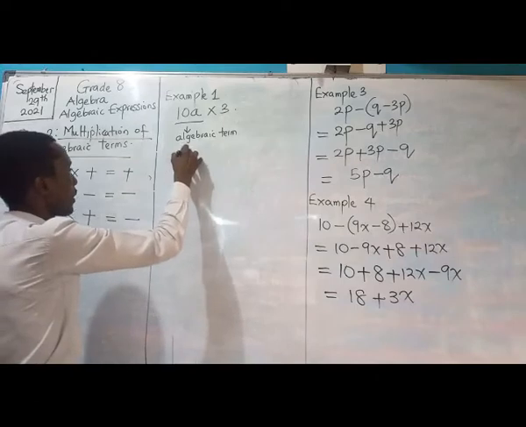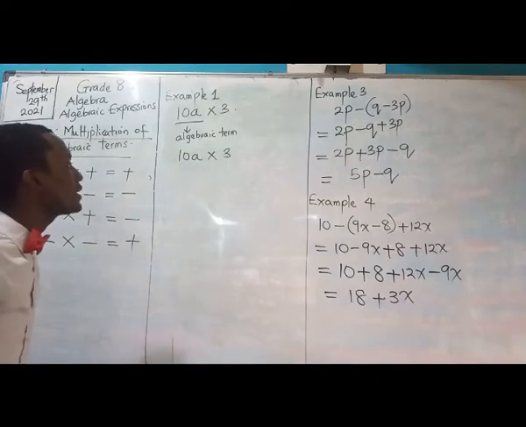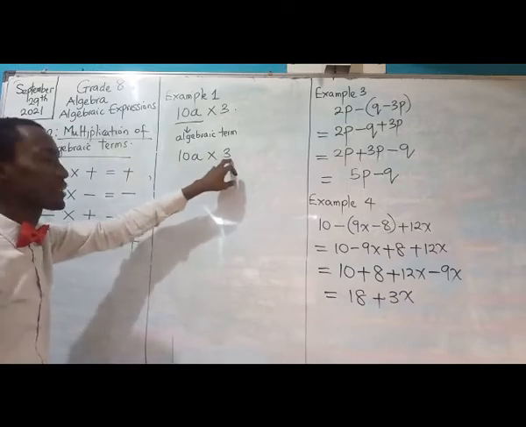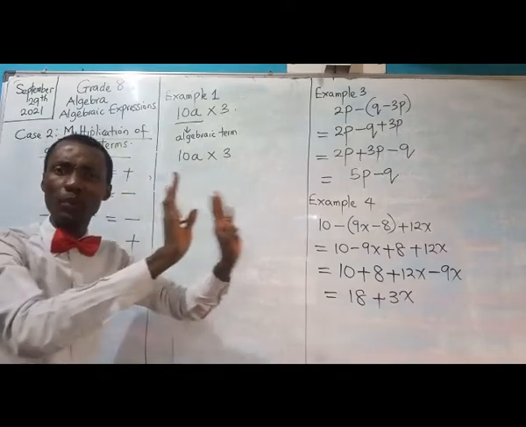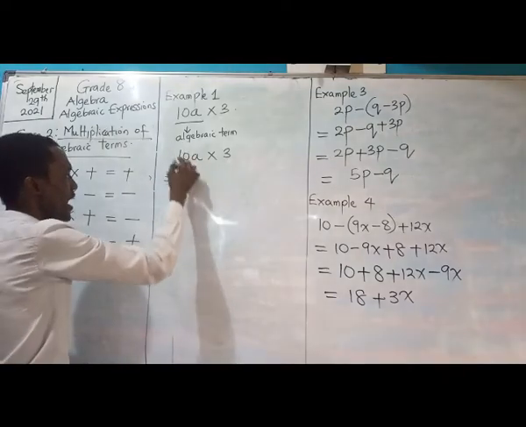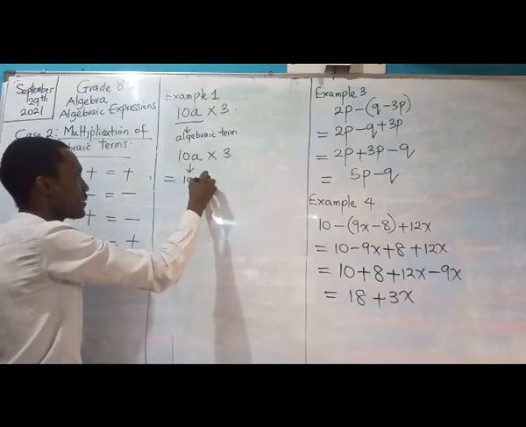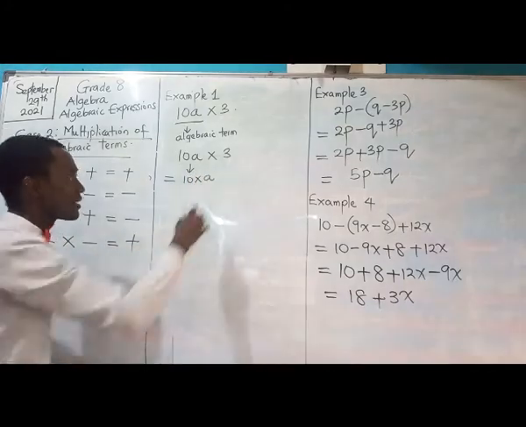Now, this will mean add 10a 3 times. But that's not the idea we are looking at here now. Look at this. This 10a essentially is what? 10 times a.